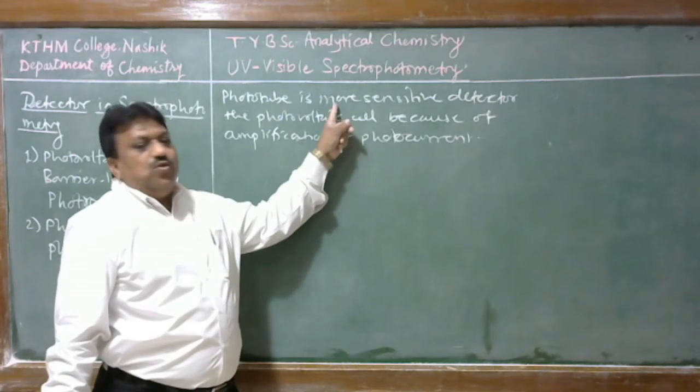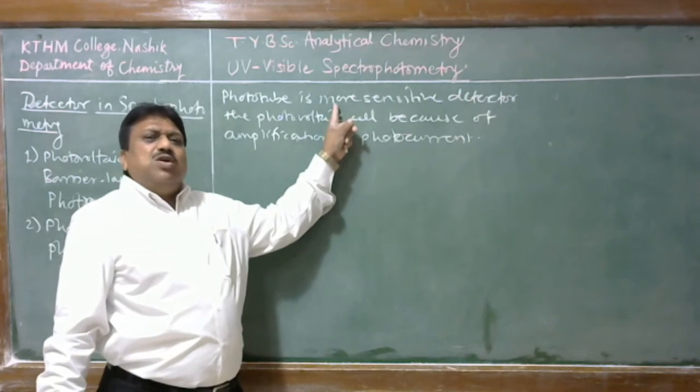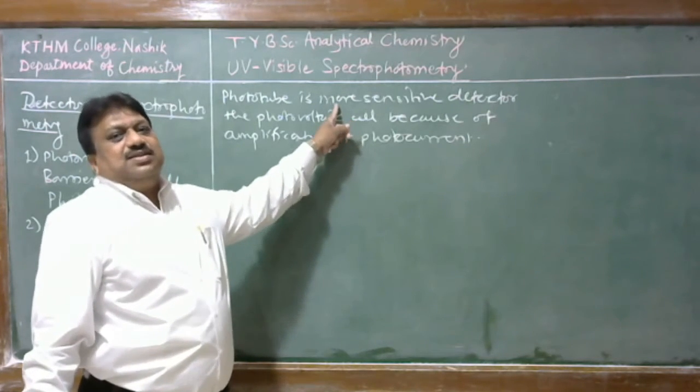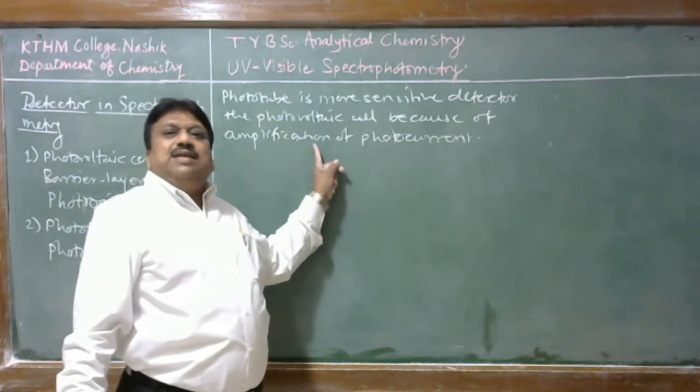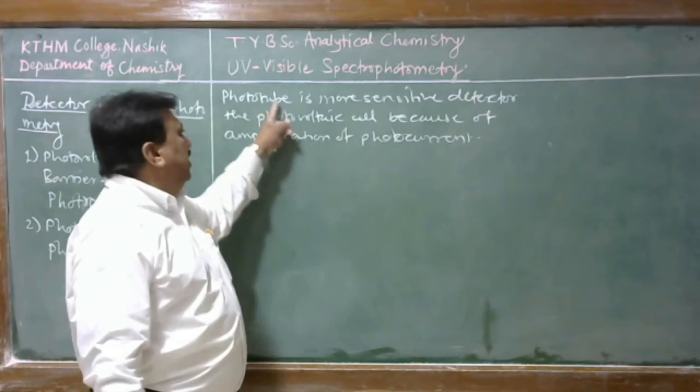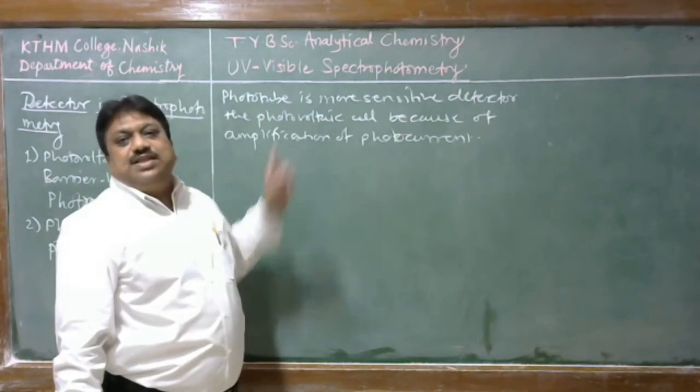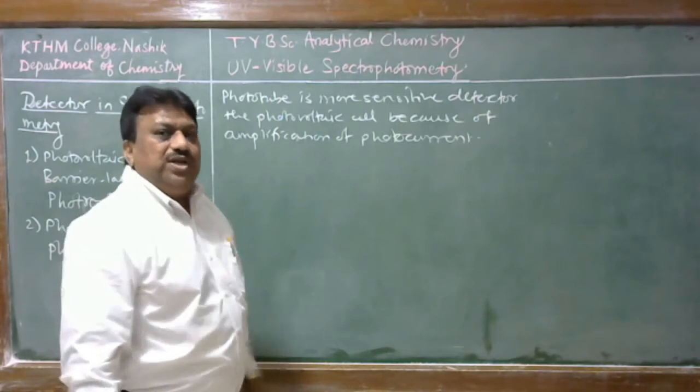But in case of phototube, a very small amount of current is generated that can be amplified, and that is measurable. Therefore, phototubes are more sensitive than the photovoltaic cell.